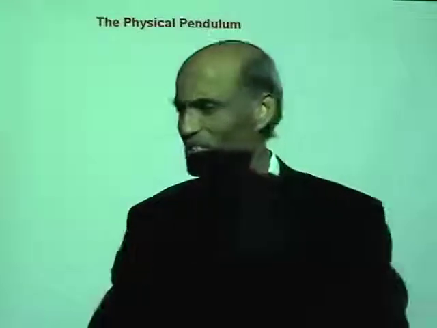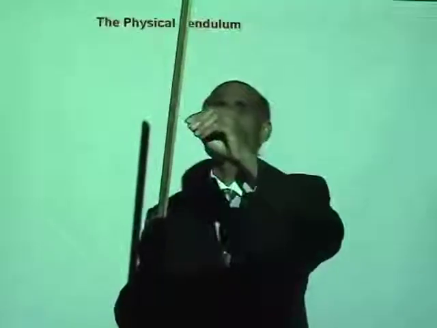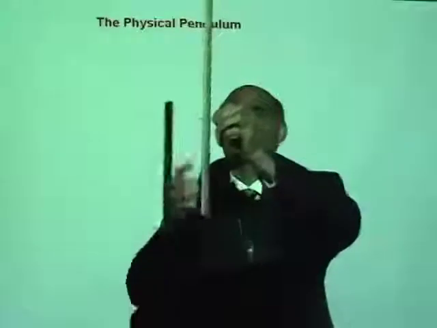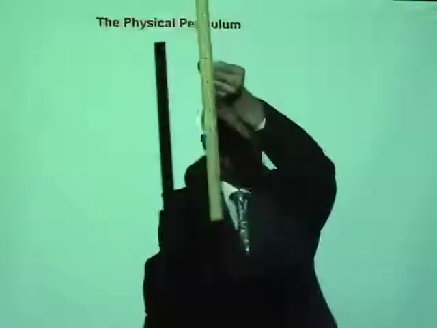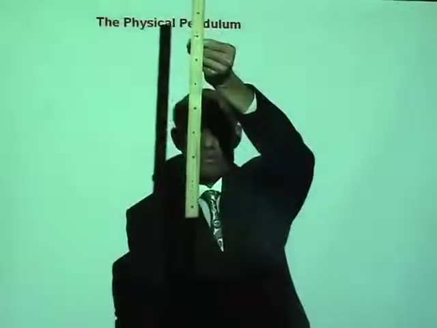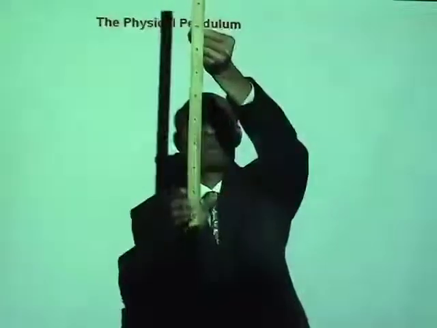Let's now talk about another type of pendulum called the physical pendulum. What is a physical pendulum? Now, look at a meter rule I have. If I drill a hole in the meter rule and suspend it, allow it to hang from that hole, this is the equilibrium position of the ruler.